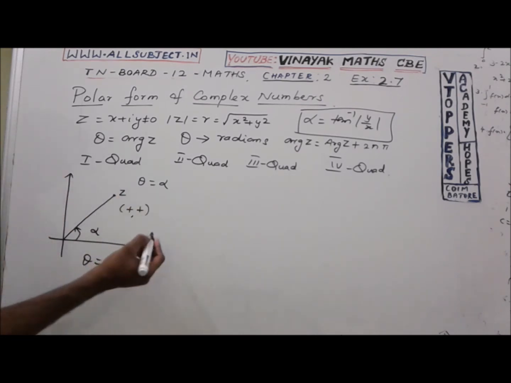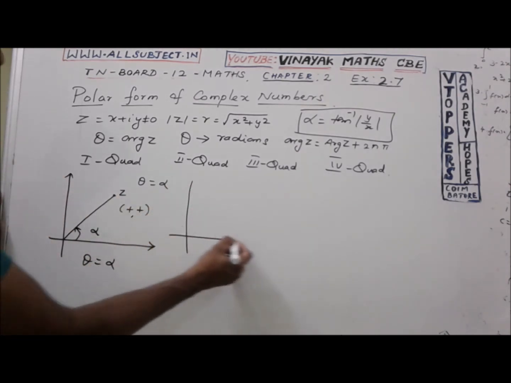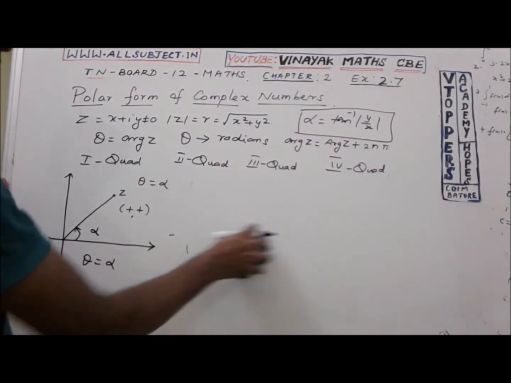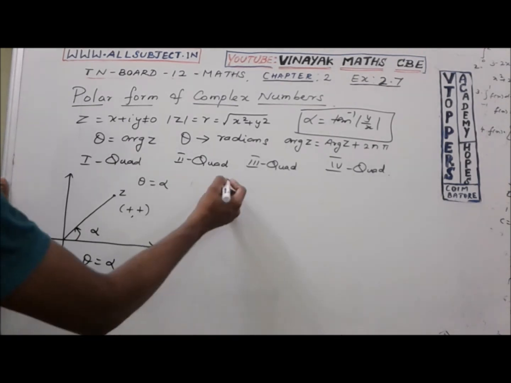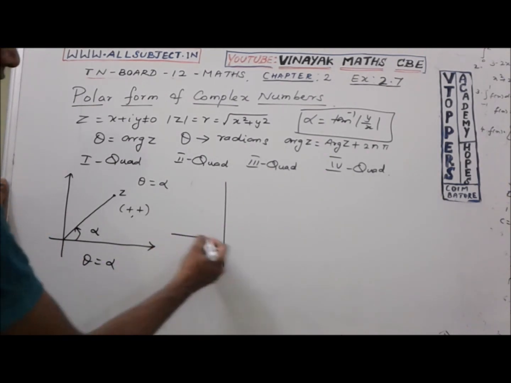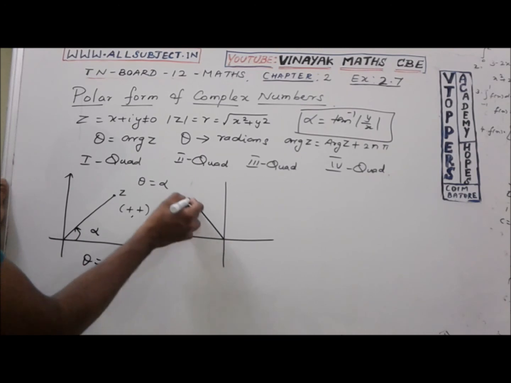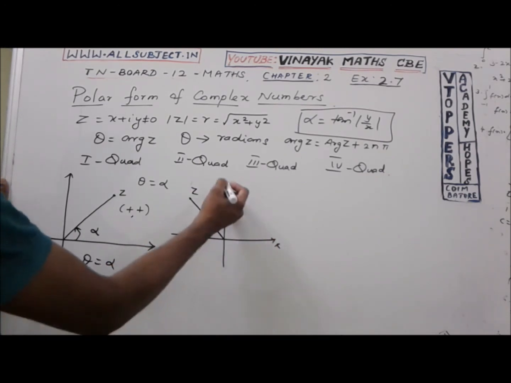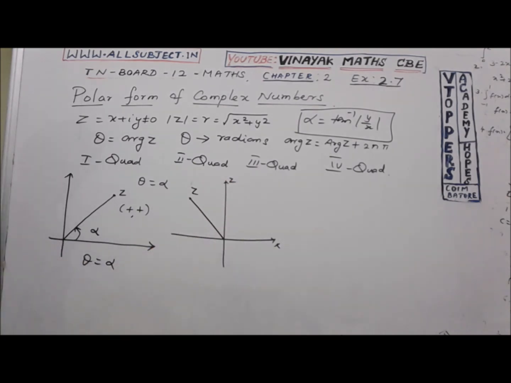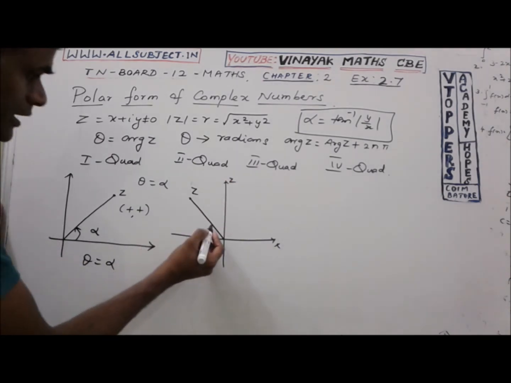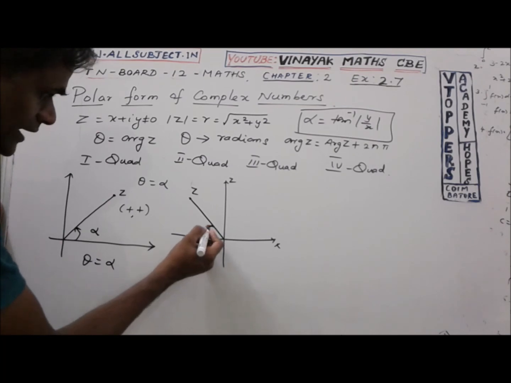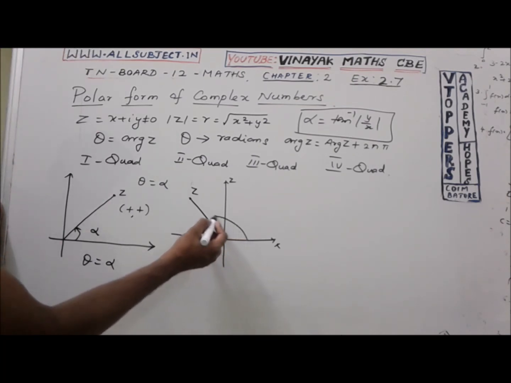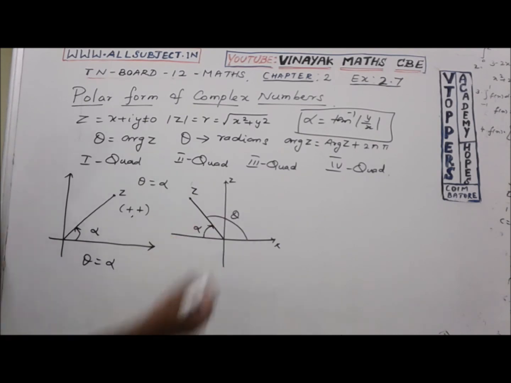Suppose the given complex number lies in the second quadrant. We can take it here. Here Z lies in the second quadrant. In this case, the alpha value is taken here and the angle made by the complex number is theta here.